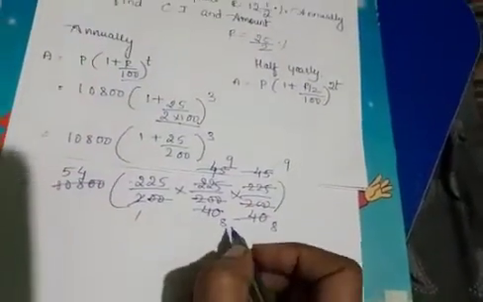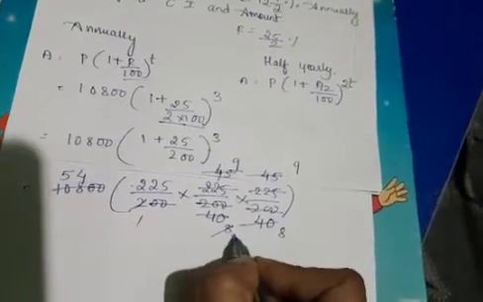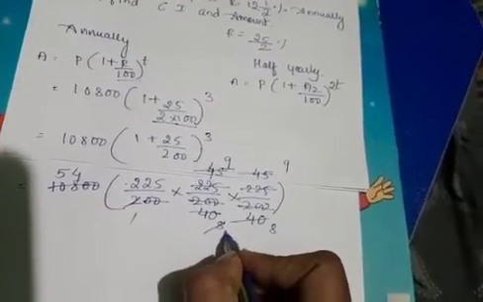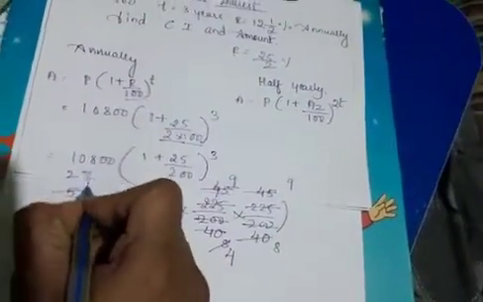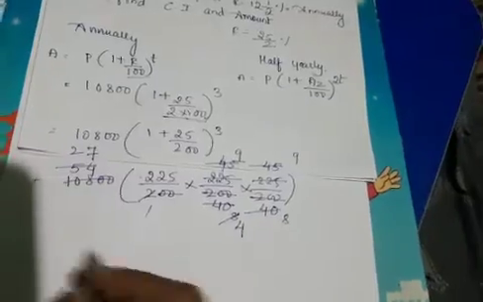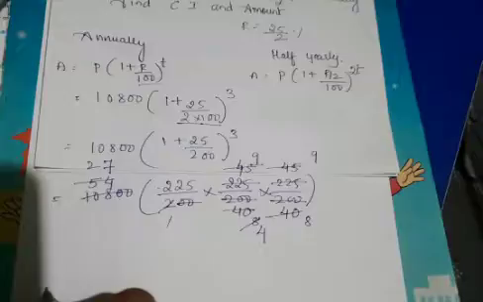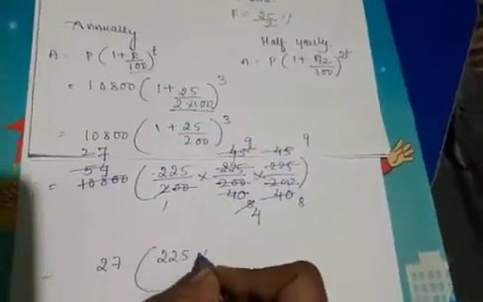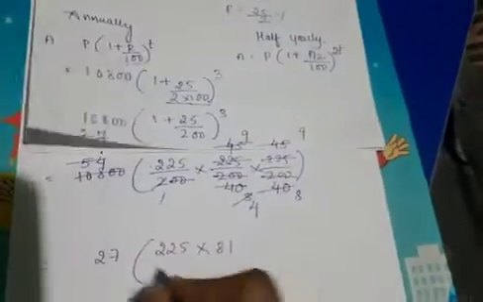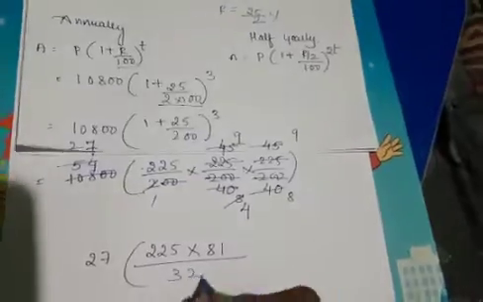Then we can divide this. 2 fours are 8, 2 twos are 4, 1 left, 2 sevens are 14. Okay, now what is left? 27, 2 25, 9 into 9 is 81 divided by 32.